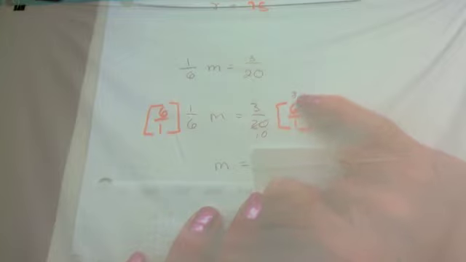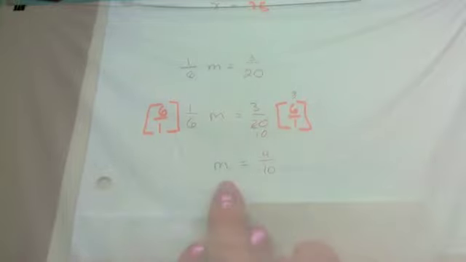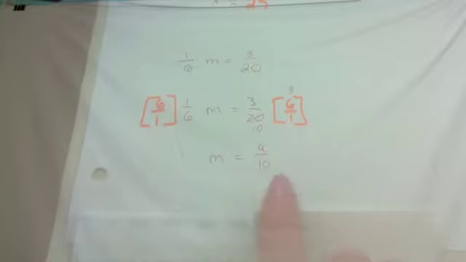I can take a 2 out of both of them. So this becomes a 3. Taking the 2 out, I get a 3, and taking a 2 out of there, I get a 10. Now there's nothing else I can simplify, so now I'm just going to multiply across. 3 times 3 is 9, 10 times 1 is 10. So m is equal to 9/10. All right, and that is how you solve equations with fractions.